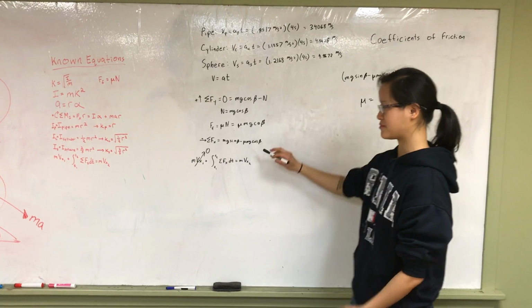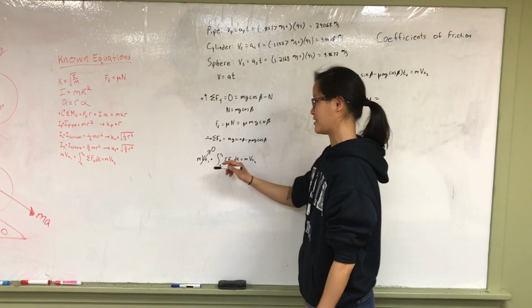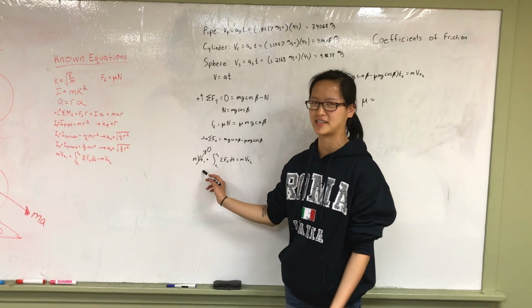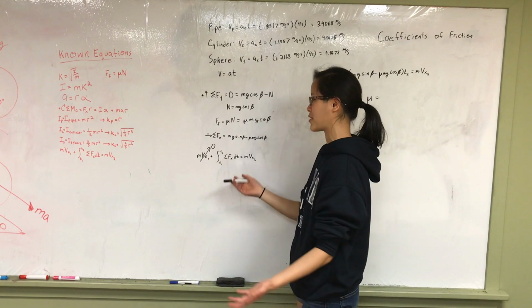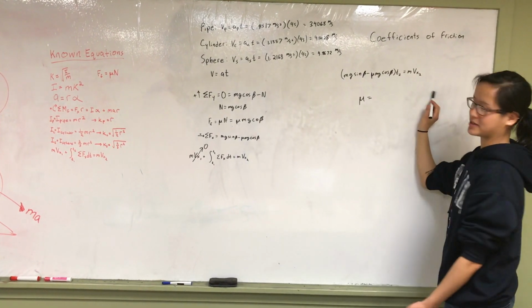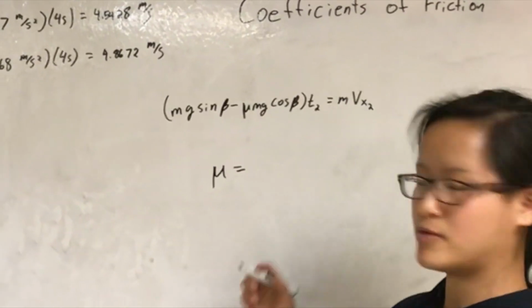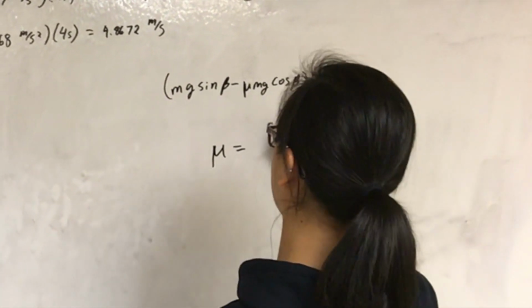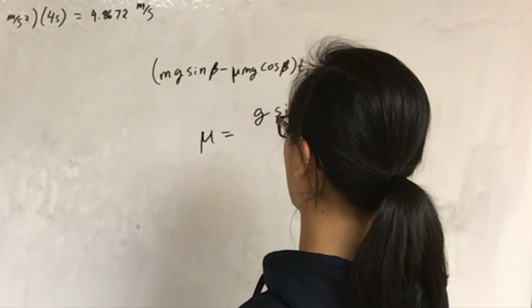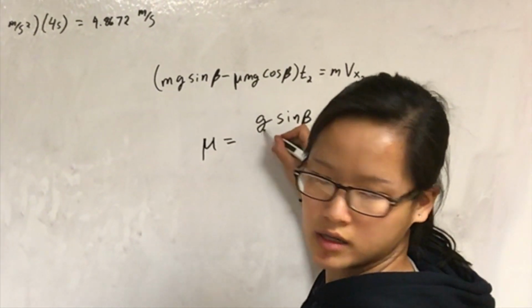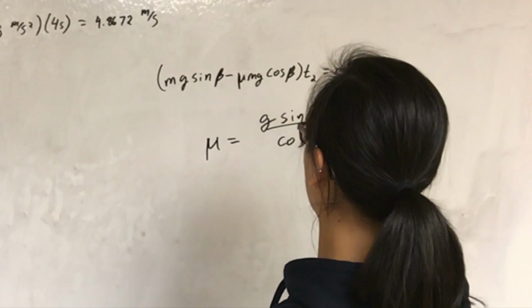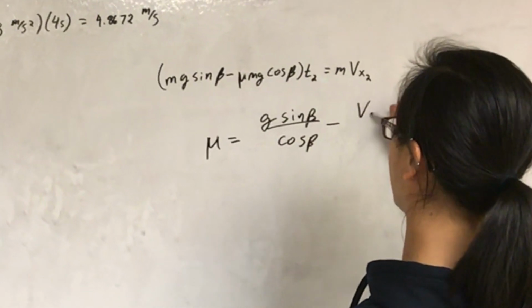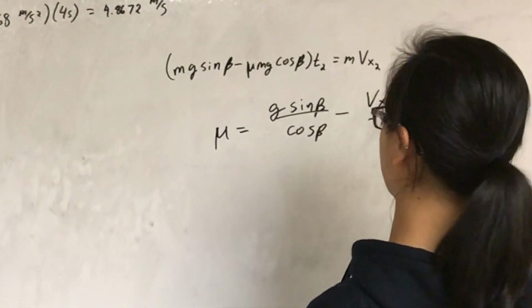Plugging that into the impulse momentum equation, which does not have the initial velocity because it started from rest, we get this final equation where when we rearrange the variables, we get mu is equal to g sine beta over cosine beta minus vx2 over t2.